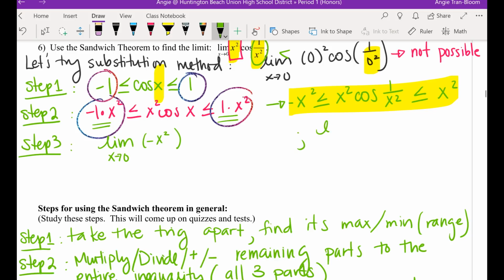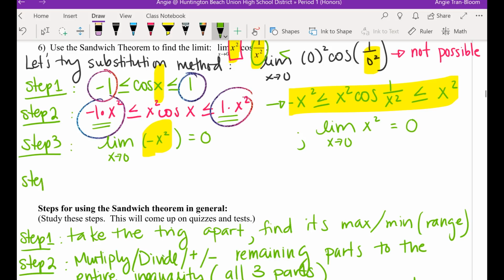And then find the right side, limit as x approaches 0 of positive x squared. Those two, well, I can plug in 0. I can use substitution. This is an upside down parabola. As x approaches 0, the height is going to be approaching 0. Same thing on the right. It's an opening up parabola, so the limit is also 0.